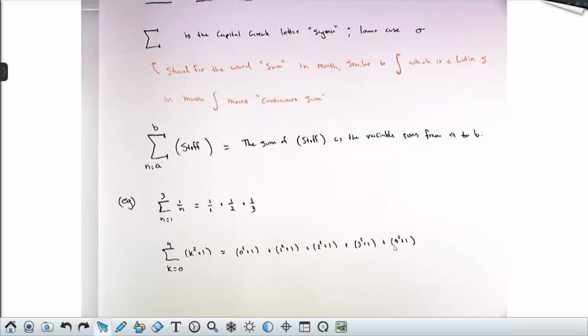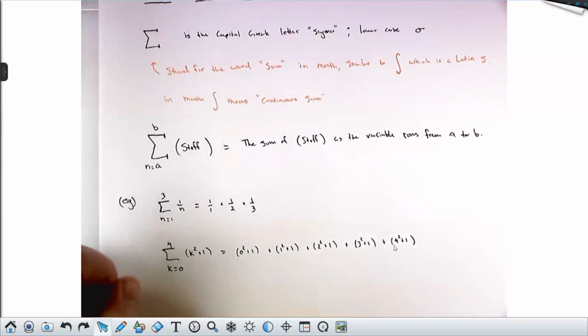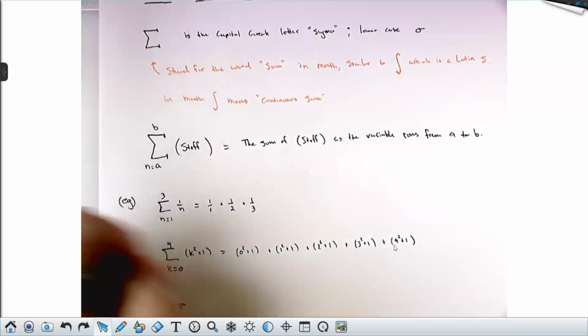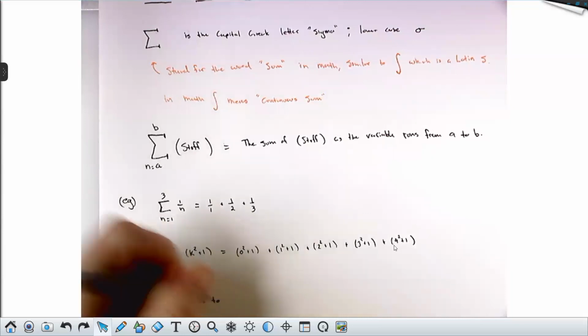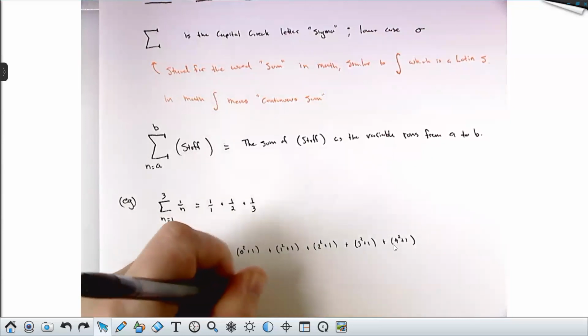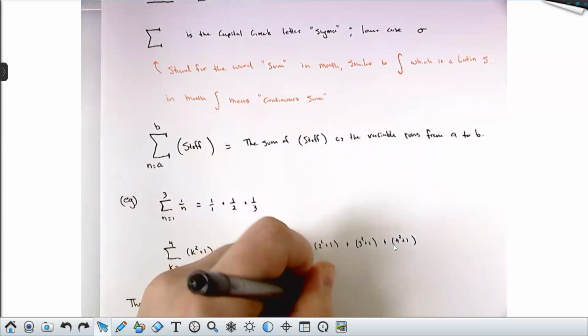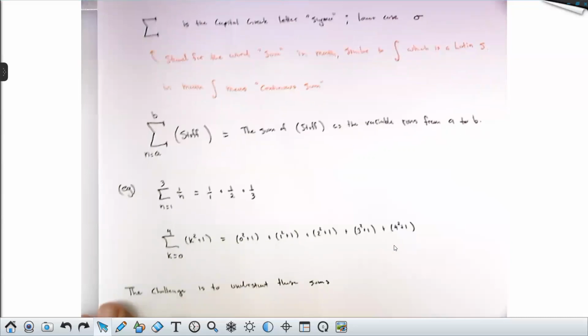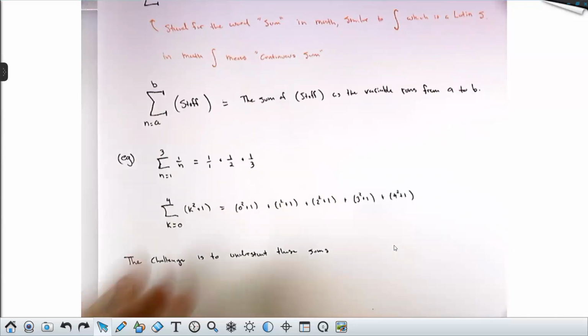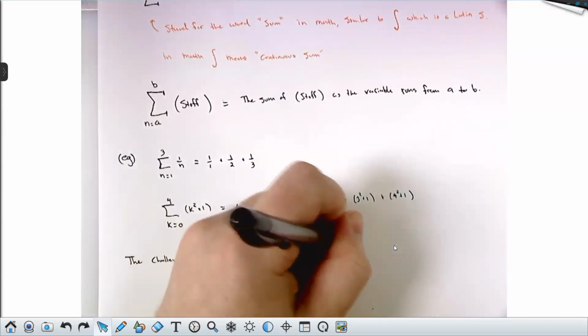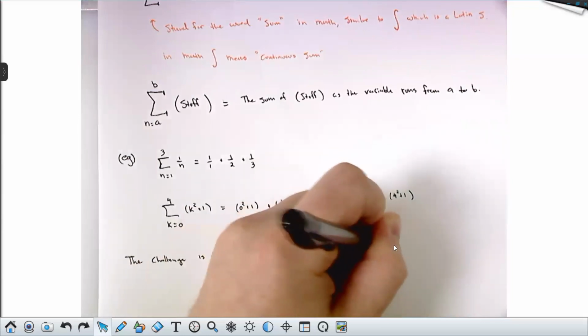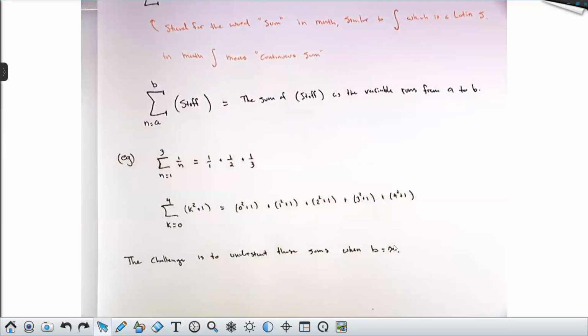The challenge arises is to understand these things kind of like improper integrals, where the upper bound is infinity. In fact, it's almost exactly like an improper integral.